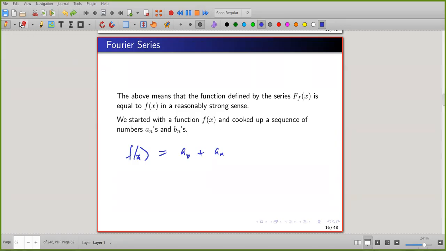Remember that what we had seen was, if we have an expression like this, then we can get a_i by taking the inner product, and that's what I was trying to explain in the previous slide. So maybe I should not write x. a_i is the inner product of f with phi_i, divided by phi_i comma phi_i.